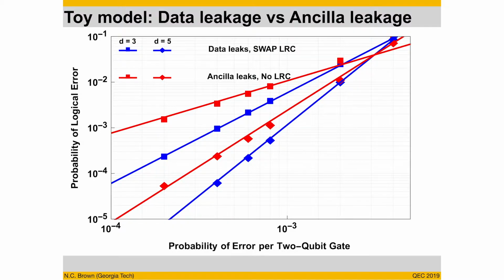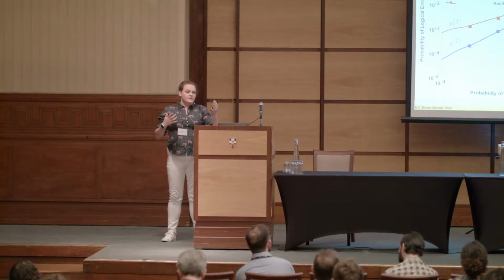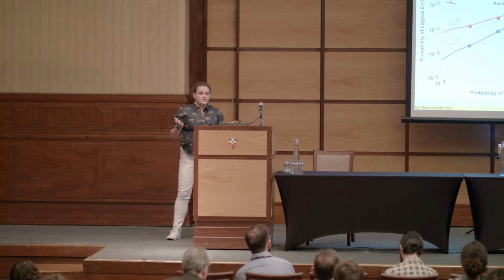So motivated by first looking at kind of these qubits that don't leak versus these qubits that do leak, I started to get interested in how you could mix them in meaningful ways to help mitigate leakage errors. And that kind of naturally led to, well, which is the worst error? Is it better if your Ancilla leaks? Because if your Ancilla leaks, Ancilla gets reset every round, so I don't have to do any type of leakage reduction.